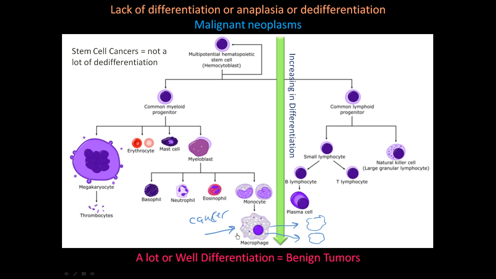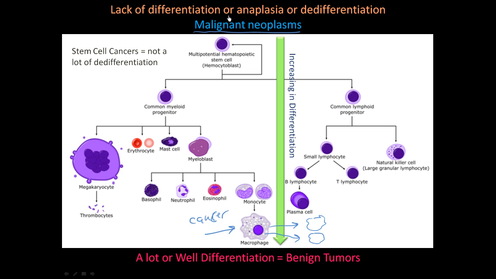So you would say this might be classified as a benign tumor, okay? Because benign tumors are almost always well differentiated. Malignant neoplasms, however, remember, span this whole continuum from undifferentiated to a lot of differentiation.